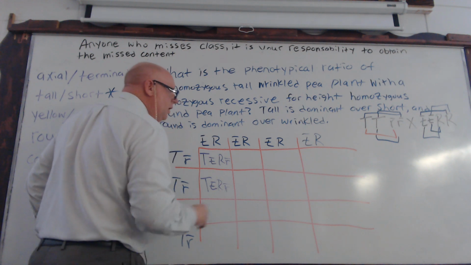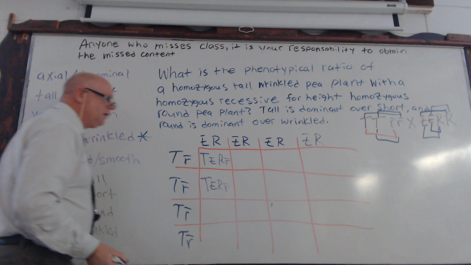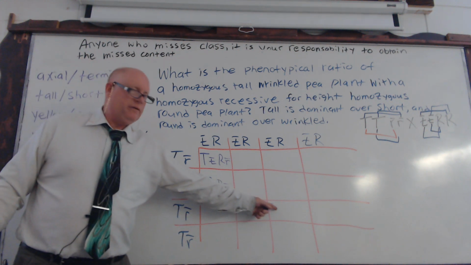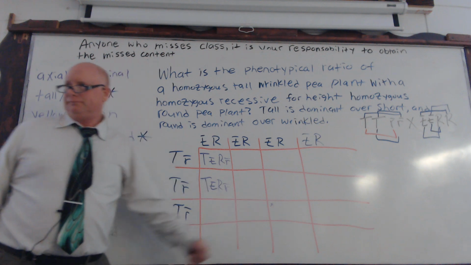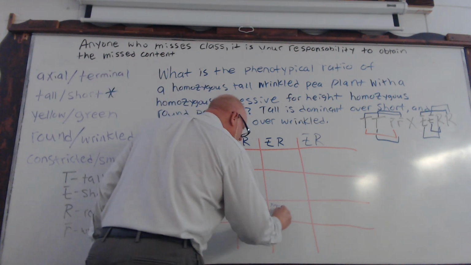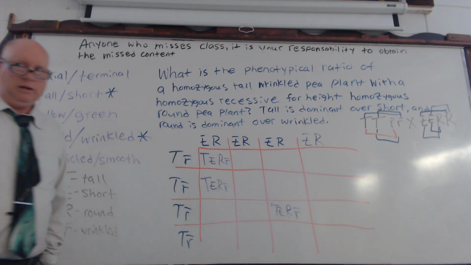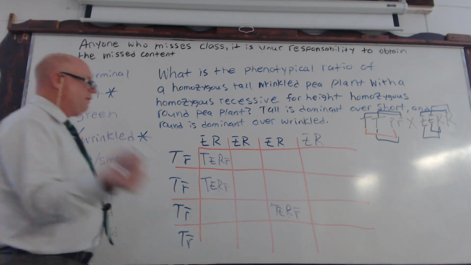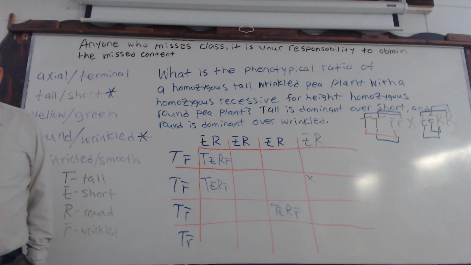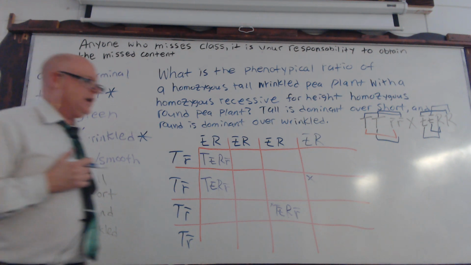Okay? So let's just pick a random box like this one. What would be inside this box that we have labeled as X? Capital T, lowercase t, capital R, lowercase r. Okay, maybe we can pick out another one at random. How about this one? Same thing. Do we see a pattern that is emerging here? They're all going to be the same.